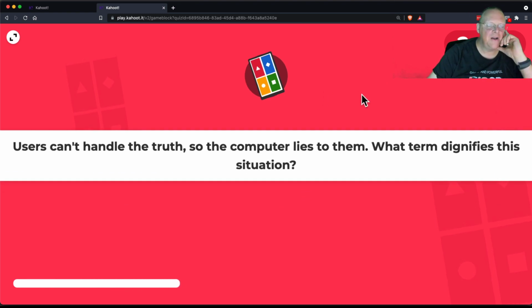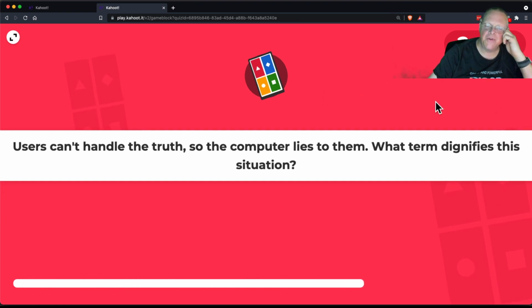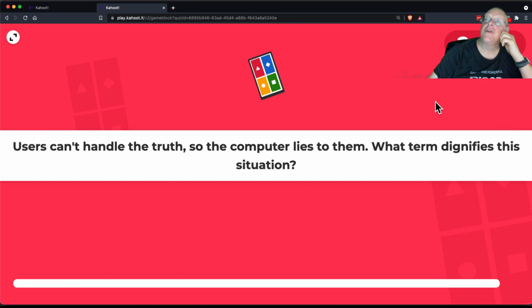All right, so users can't handle the truth, so the computer lies to you. What is the term for that?